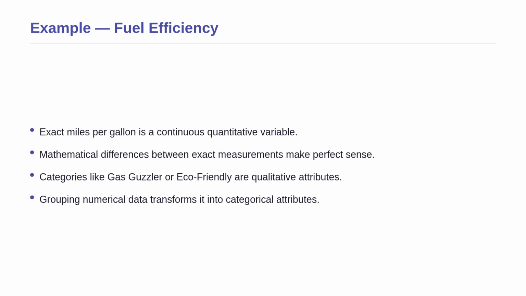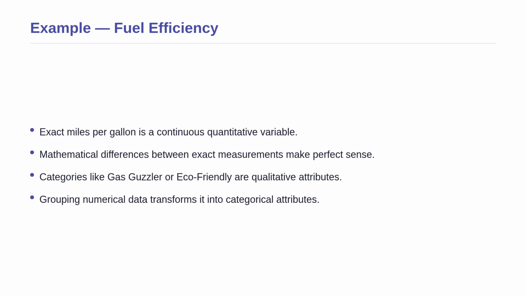Before we move on to relationships between variables, let us see this conversion with a concrete example. Imagine a researcher studying car fuel efficiency. They first record the exact miles per gallon for 50 vehicles. Because 30 is exactly 10 more than 20, this exact measurement is a continuous quantitative variable. Next, they group the cars into categories: gas guzzler, average, and eco-friendly.